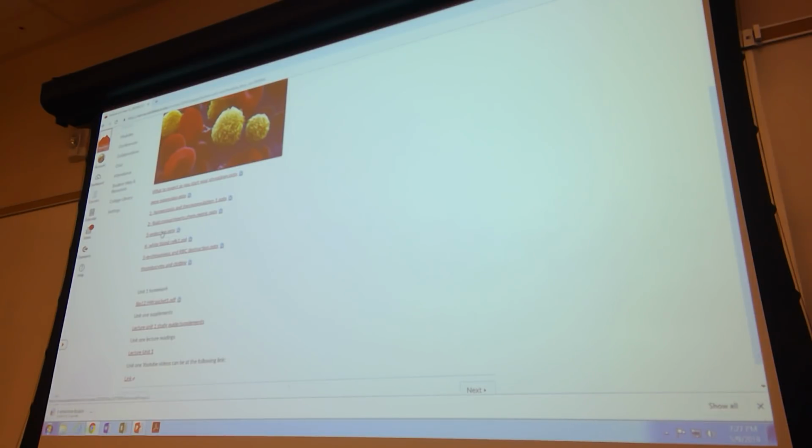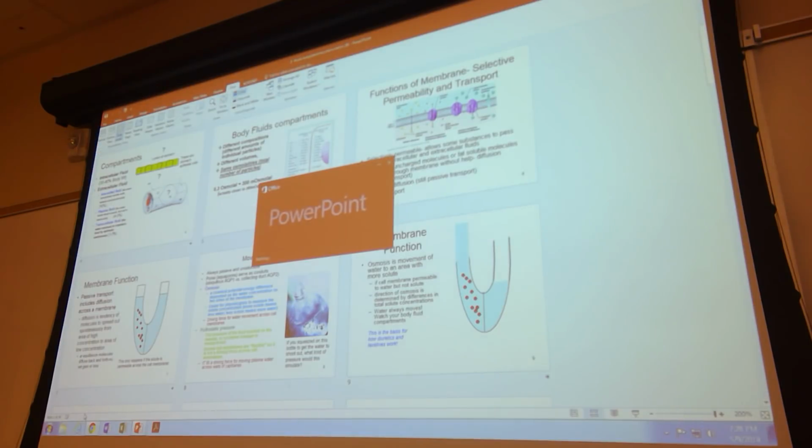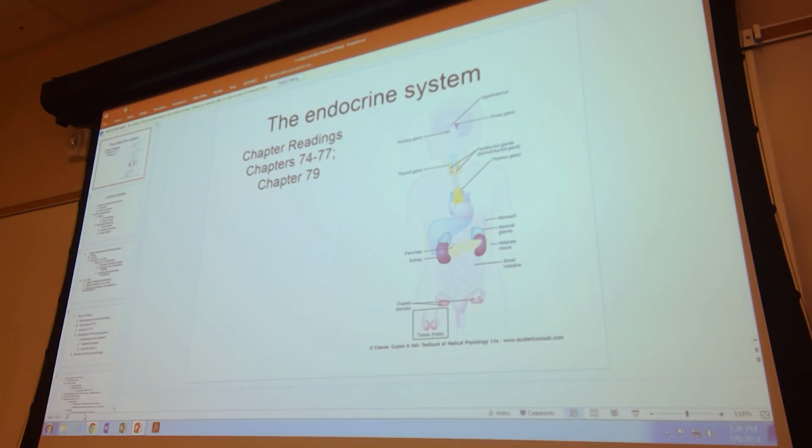Endocrine. Very likely, you will come across a person who has an endocrine disorder. Very likely.